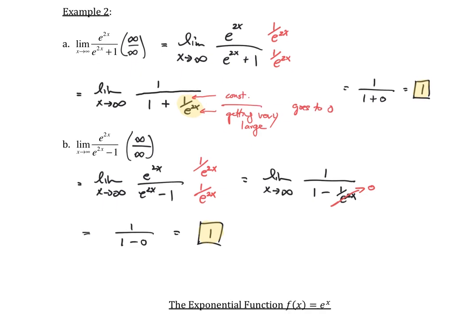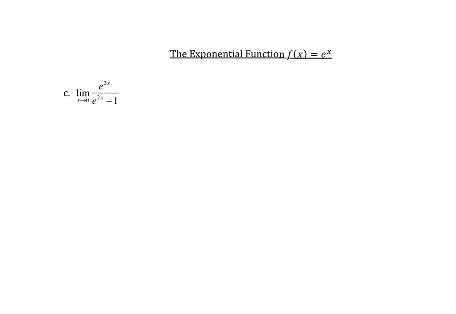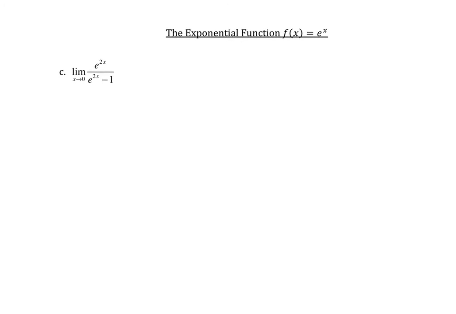Okay, let's take a look at our third and most exciting example right here. In this particular example, I'm taking the limit as x goes to 0 now. So this situation is a little bit different. What happens when I attempt to substitute in a 0 into this limit?